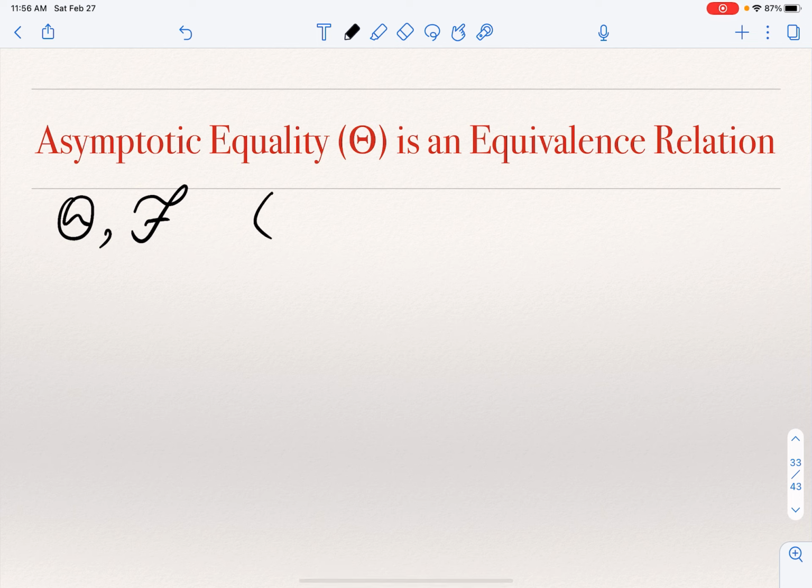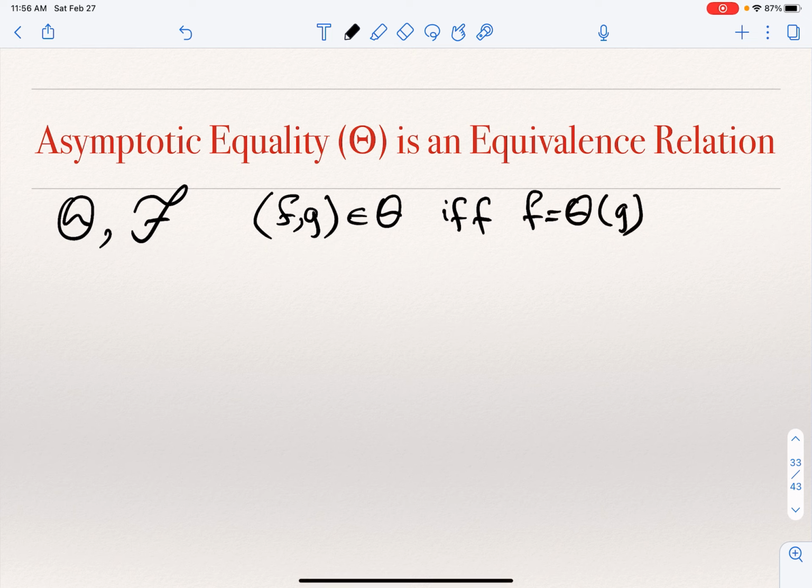And what do I mean by that? If you put a pair, f and g are in this relation if and only if f is a theta of g. If you look at this here, you will notice that this relation is reflexive because every function is a theta of itself.